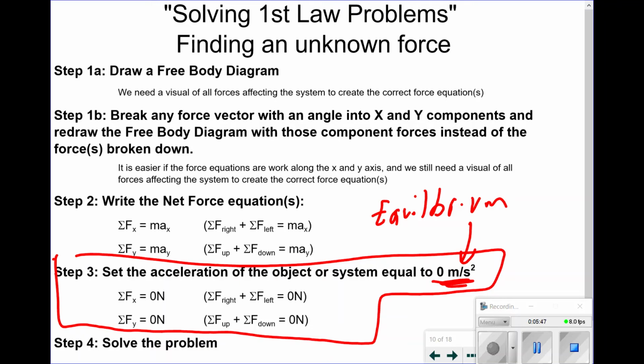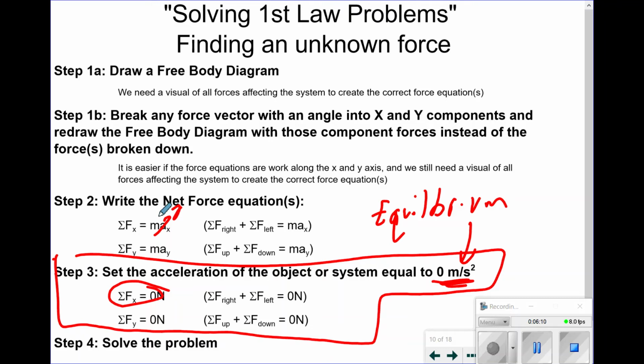If it is not in equilibrium, then this statement isn't true. So anytime I'm dealing with equilibrium, I don't have to solve for acceleration. I know it. It is 0. That means my net force is automatically 0. Net force equals ma. And if a is 0, then the net force must equal 0.